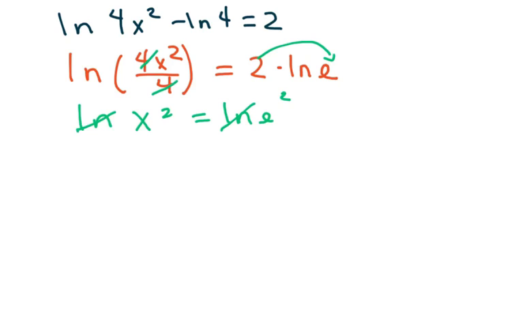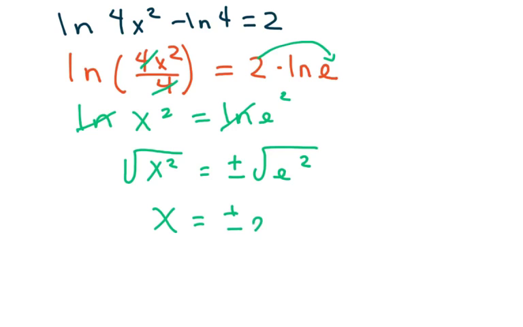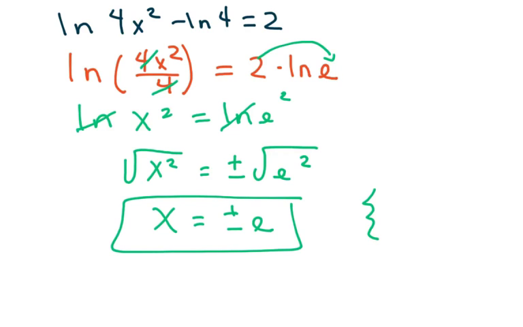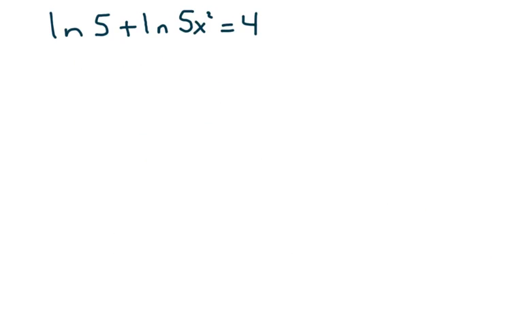They're both the same. And I'm going to take the square root of both sides. Okay, so this just leaves x, and we get plus or minus e. It's very similar to the other problem. And if you want, you can write your answer as plus or minus e like this, which is essentially plus or minus 2.718.